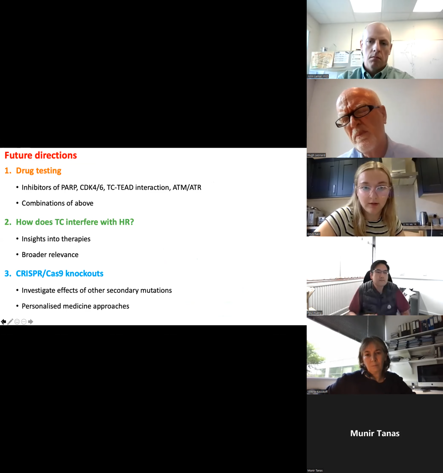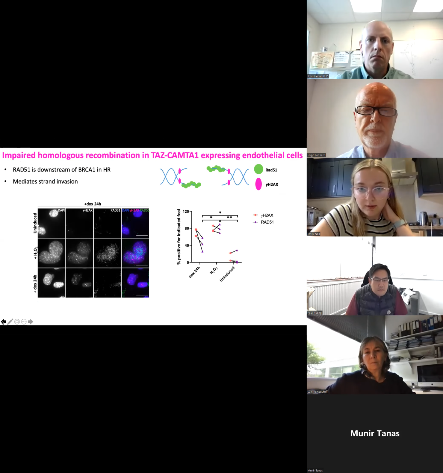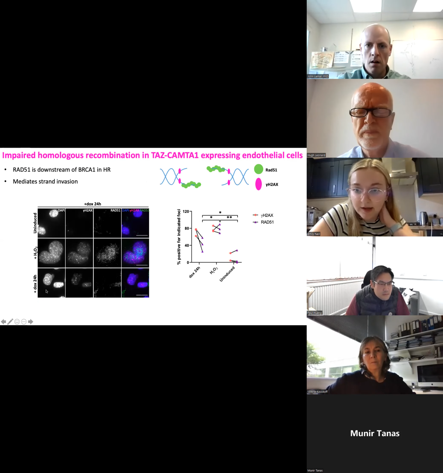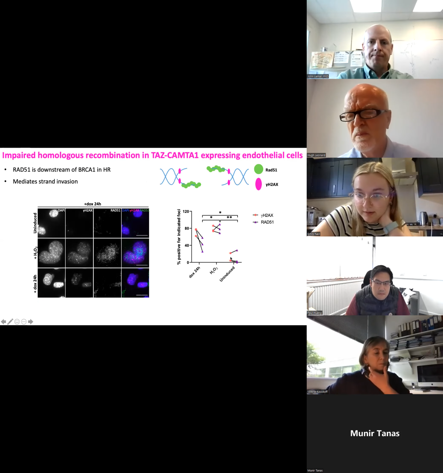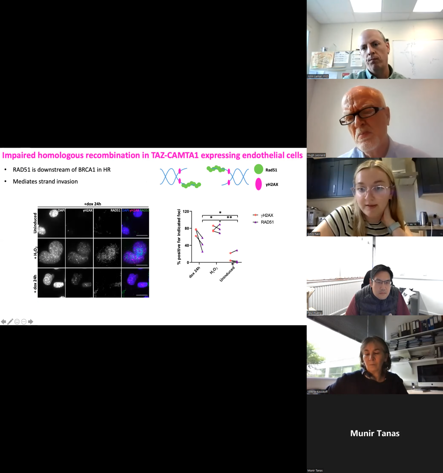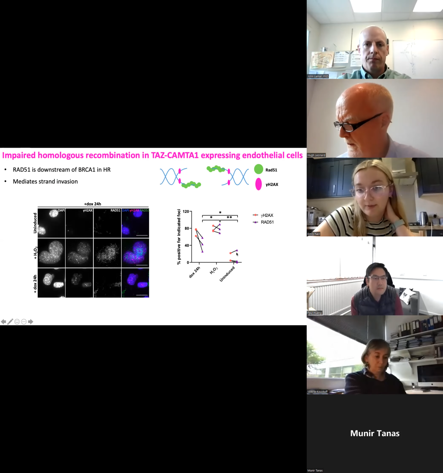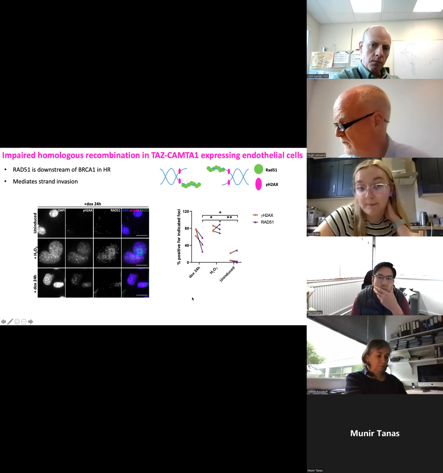I can go back and show you. So for the RAD51, you can see here there is a very low amount of gamma H2AX, but these seem to show a similar amount of RAD51. So in these cells, the small number of cells that are damaged seem to be competent in repairing via RAD51.